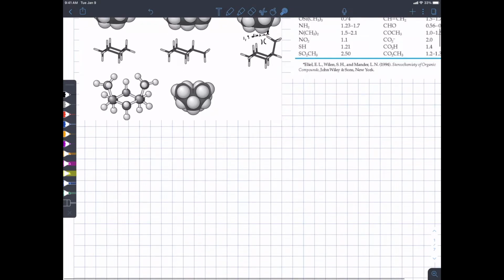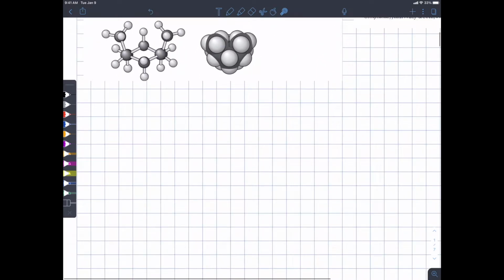Some people have done some creative things with cyclohexane rings to measure strengths of non-covalent interactions. As an example, Eric Anslyn, who is one of the authors of your text, published this in JACS in the 90s.